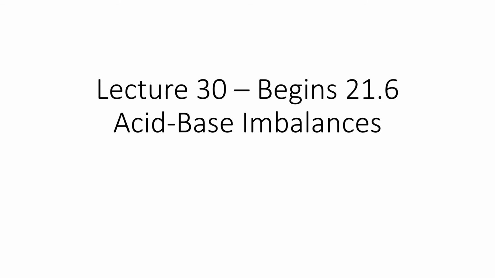Essentially now we're talking about, going down to the bottom of the figure, losing some alkaline, losing some basic secretions from the small intestine. So if we're losing alkaline, basic intestinal secretions, how might this happen?